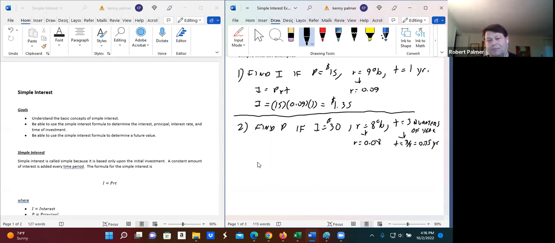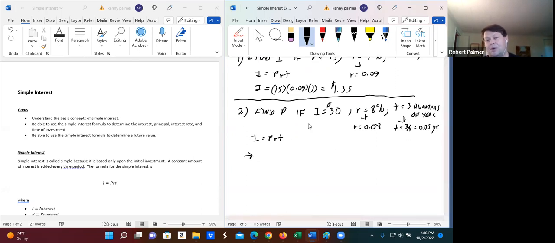Okay. Now, once again, our I is equal to PRT. And you can either solve this formula for P or just plug everything in. That's up to you. I'll just plug everything in as it is. So I is 30. Then we have P, which we're trying to find. R is going to be 0.08. And then time is 0.75.